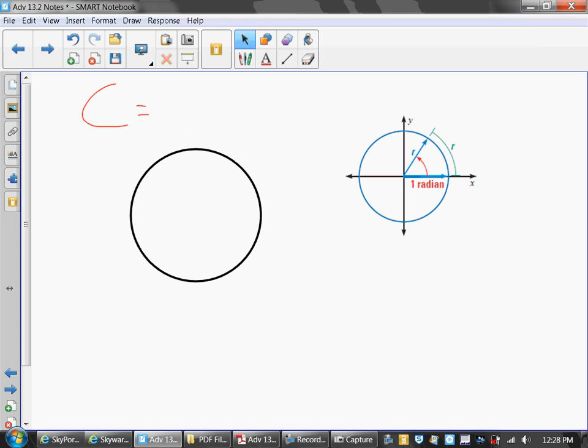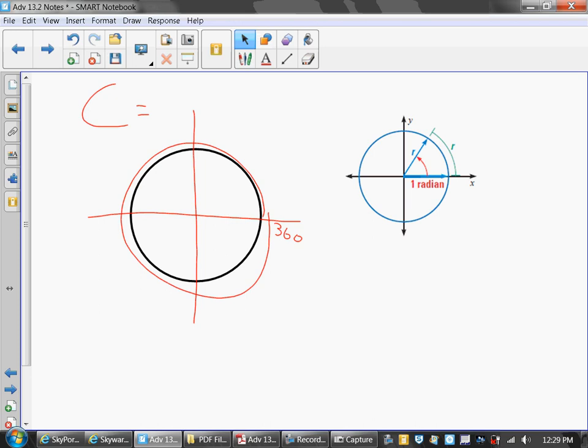Pi times the diameter, or 2 pi r. Remember what circumference meant? Circumference meant the distance around a circle. We all know that to be 360 degrees, or 2 pi times the radius.